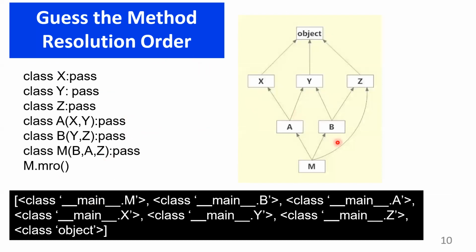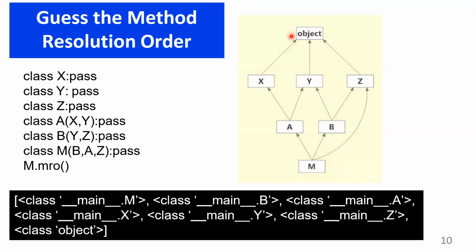Let us consider another example where we have three different classes X, Y, and Z. A is inherited from X and Y, B is inherited from Y and Z, and M is inherited from the classes A, B, and Z. Object is the superclass of all the classes in Python.